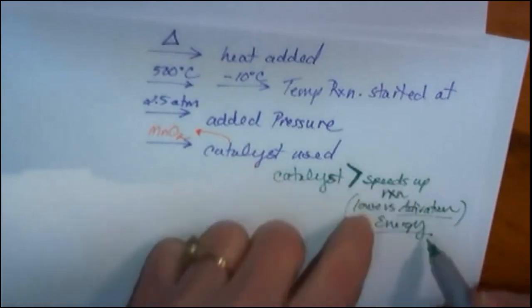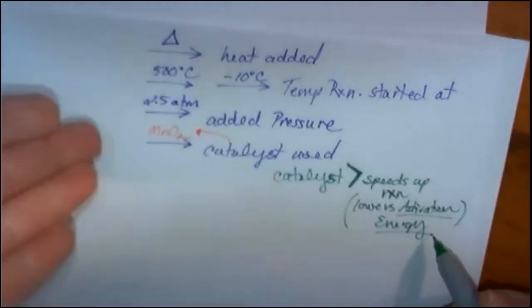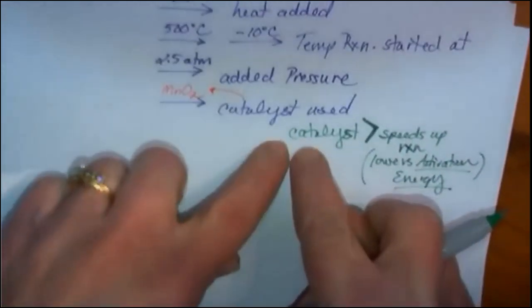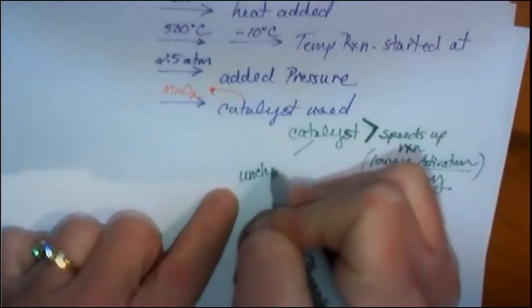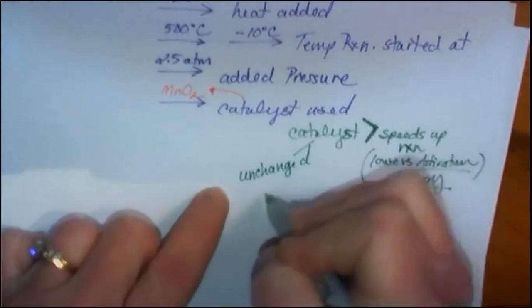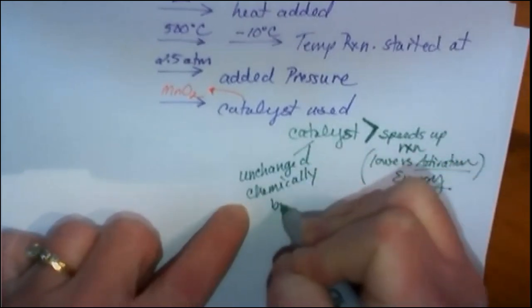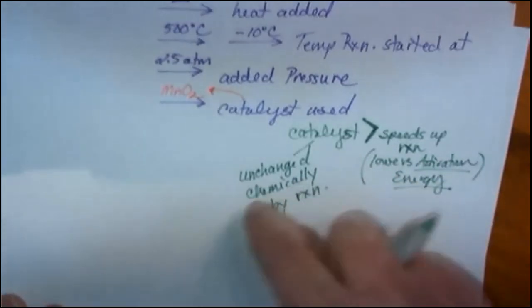The catalyst lowers that, so it's just easier to produce product, and it'll go faster. But there's something else about a catalyst: a catalyst is unchanged chemically by the reaction. It is unchanged.